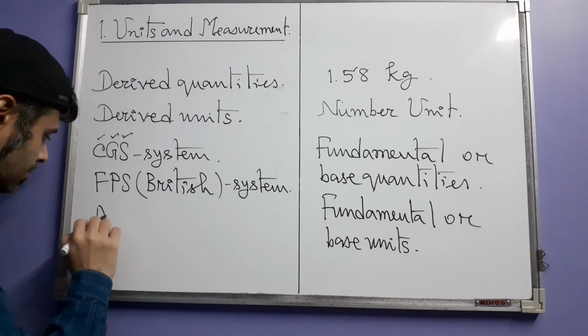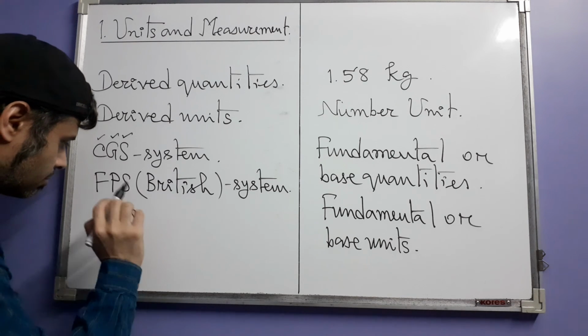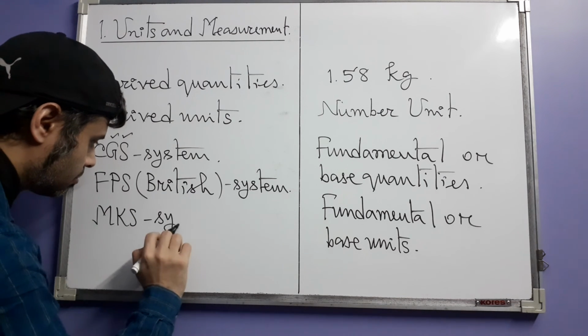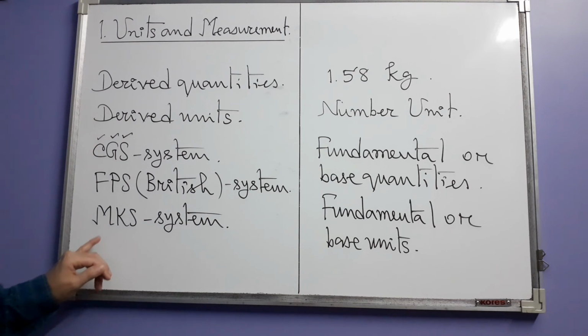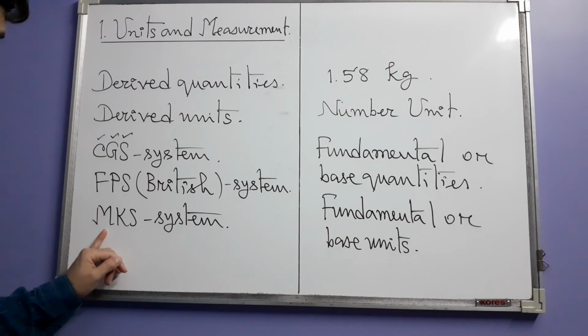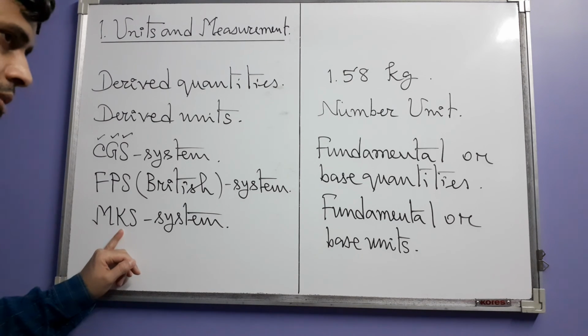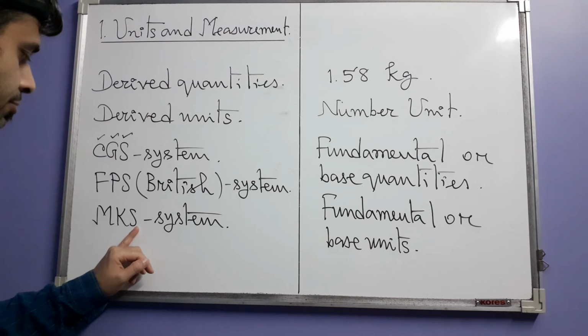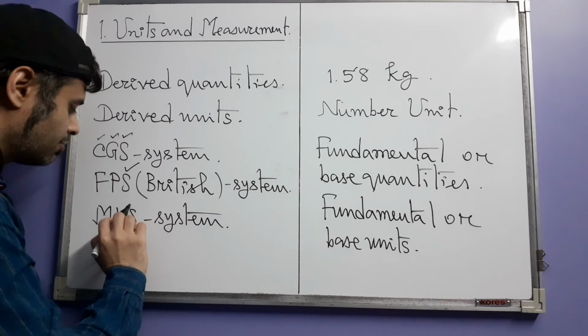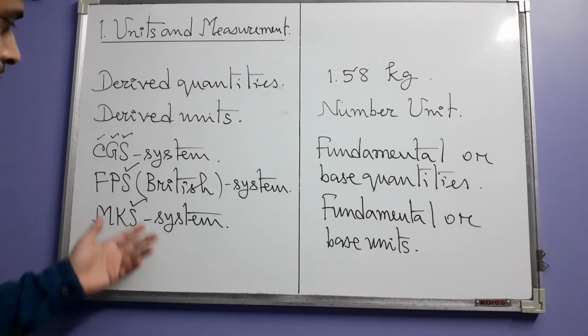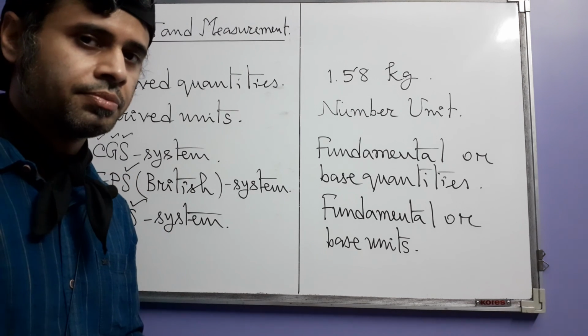You also have the MKS system, in which the unit of length is meter, the unit of mass is kilogram, and the unit of time is second. So you can see that second seems to be a very convenient unit, that it is appearing in every system.